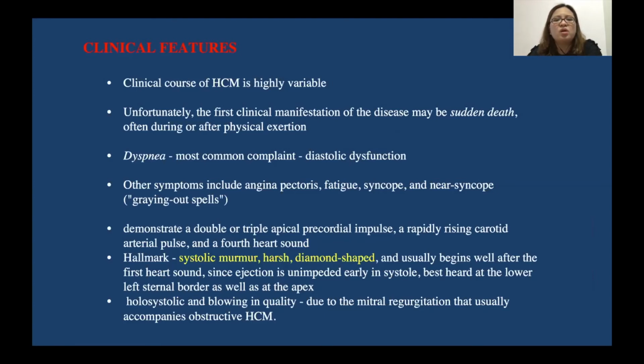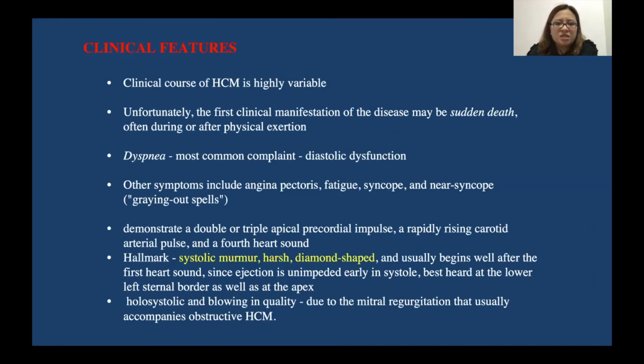The most common complaint is dyspnea, which is secondary to the diastolic dysfunction. Other symptoms include angina pectoris, which is secondary to the subendocardial ischemia. There is fatigue, syncope, and near syncope, or what we call graying out spells.